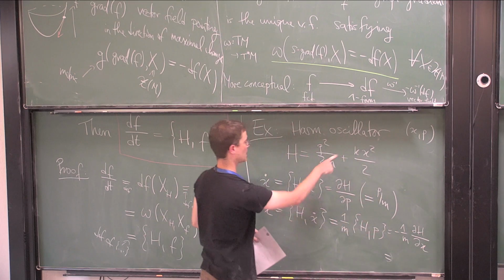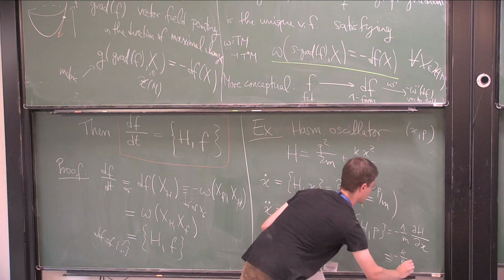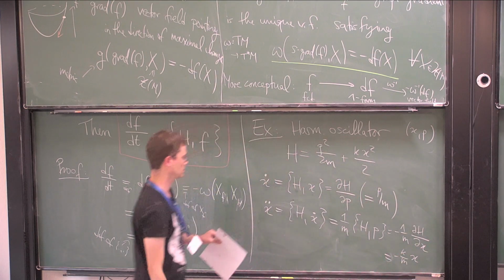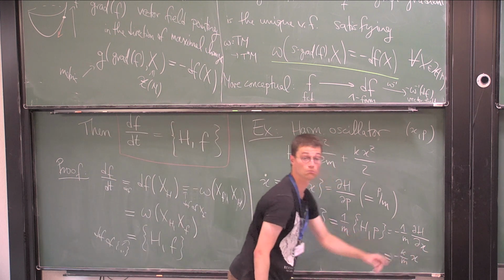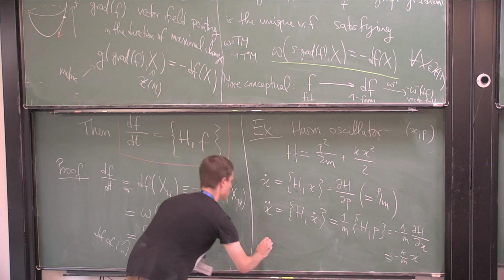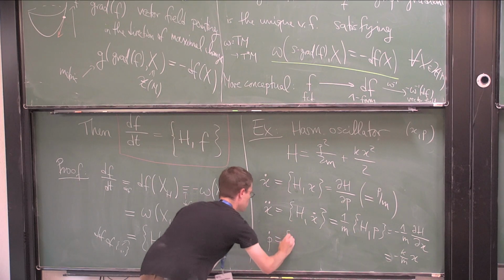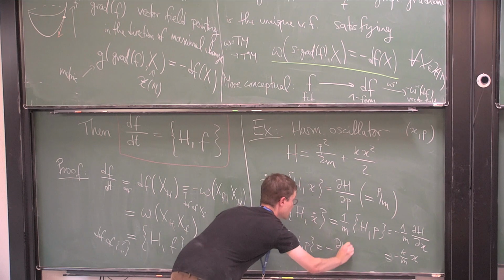And so dh dx is k over m x, right? Yes. And this is exactly Newton's law. You can also do the bracket of p with h, then you get dH dx.